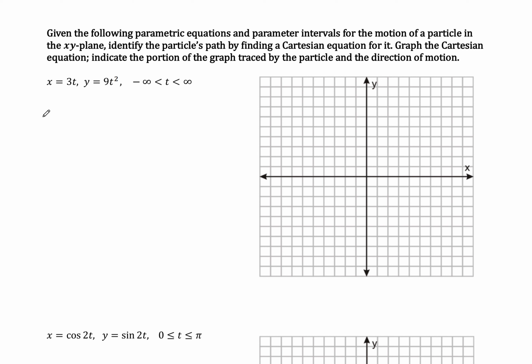So what I'm going to do is rewrite this into just a regular Cartesian equation in terms of x and y. And this one is relatively easy to do. Since x equals 3 times t, I can rewrite that as t equals x divided by 3.